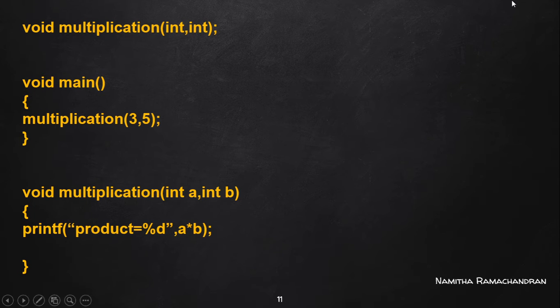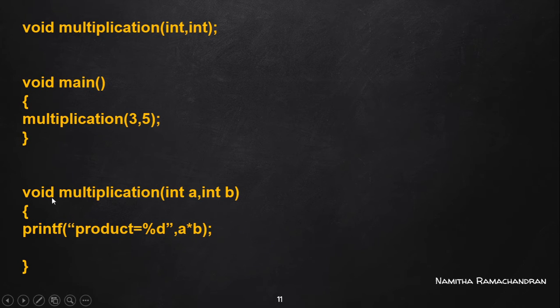function implementation, right? So here we have one function declaration, that is, function name multiplication, return type void, which indicates this particular function returns nothing after its execution. For its execution, it needs two inputs, that means two integer arguments.